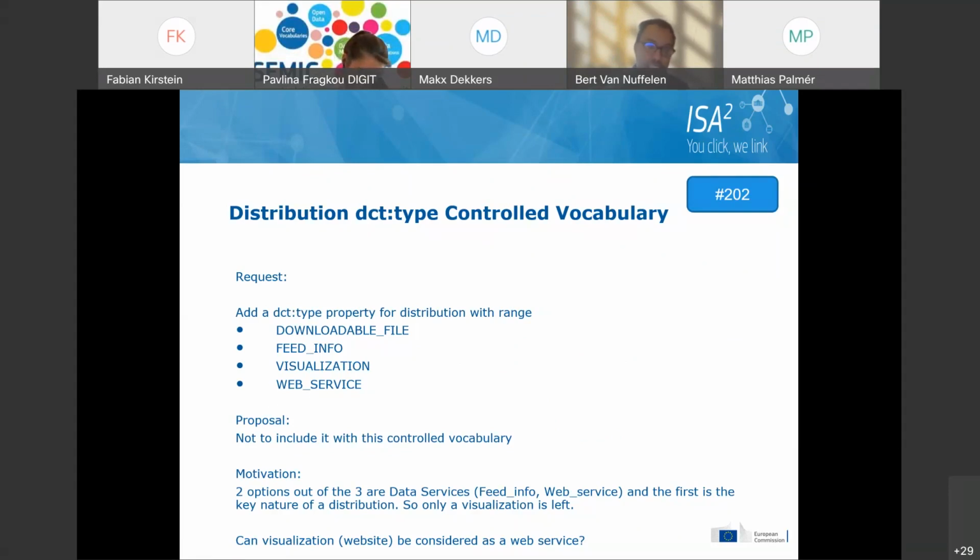That is the core case. Feed info and web service are much more in the services case. Visualizations, personally, I intend more as well in the services case, but if you see that as a set of pictures, then it's more the downloadable file or distribution case.